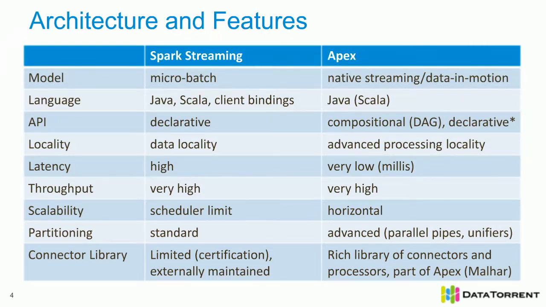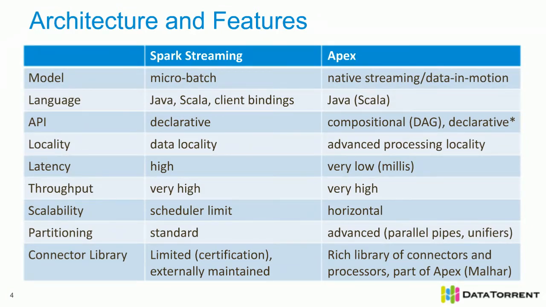Being a lower level API, it gives more flexibility to the user in terms of expressing what those transformations are. It is relatively easy to introduce custom operators written against the Apex API. And it is also possible to control several of the non-functional aspects easily through configuration, including the partitioning and processing locality and other things.